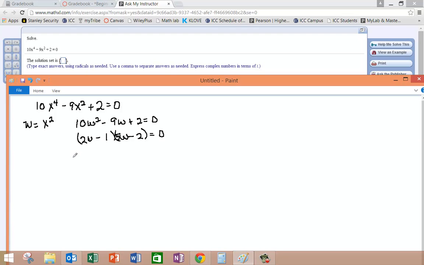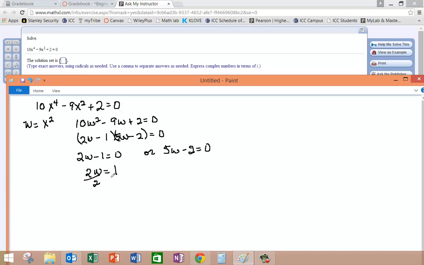All right, using our zero factor property, that means that 2w minus 1 is 0, or 5w minus 2 is 0. Solving the one on the left for w, we get 2w equals 1. That was by adding 1 to both sides.